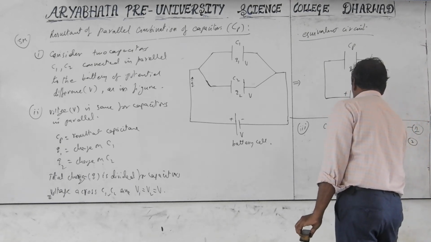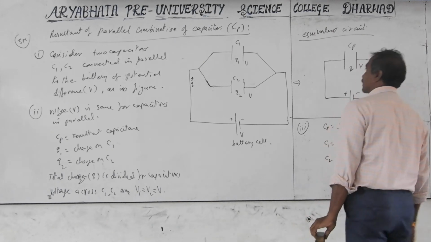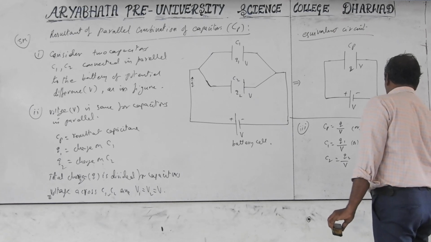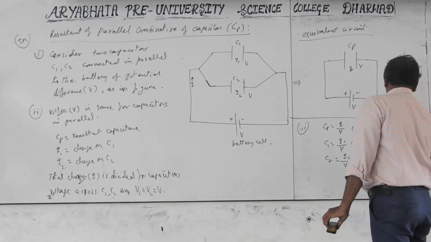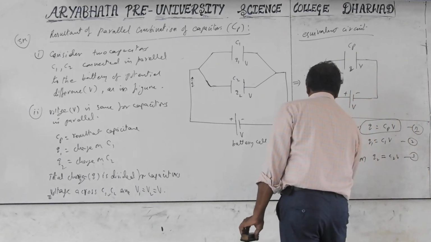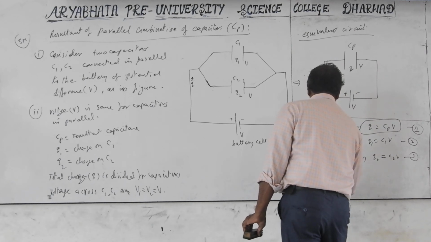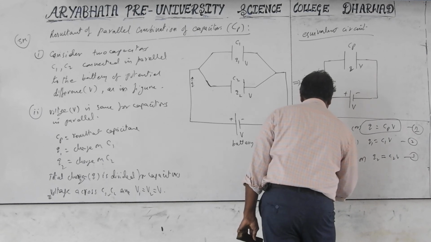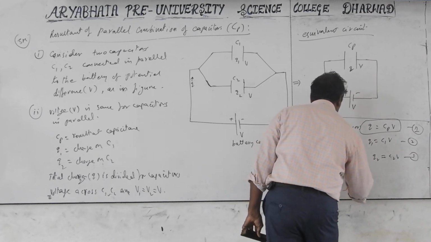Similarly, if you take C2, C2 is equal to Q2 by V. Charge is different, voltage is the same. Or Q2 is equal to C2 times V. Three equations. Total charge Q is equal to Q1 plus Q2.